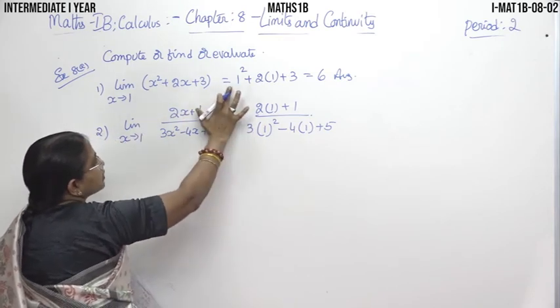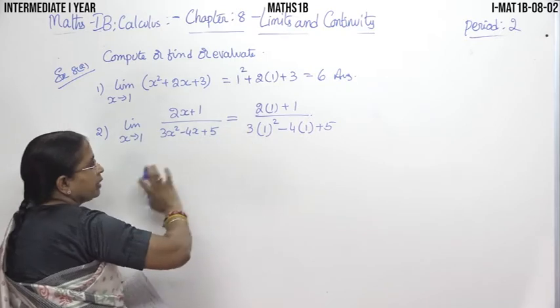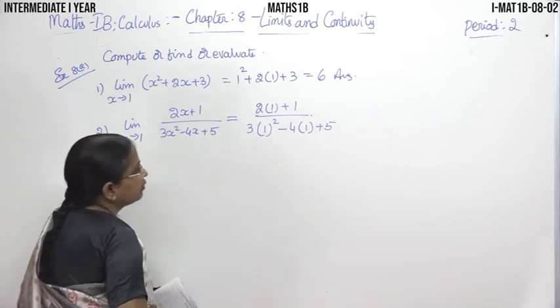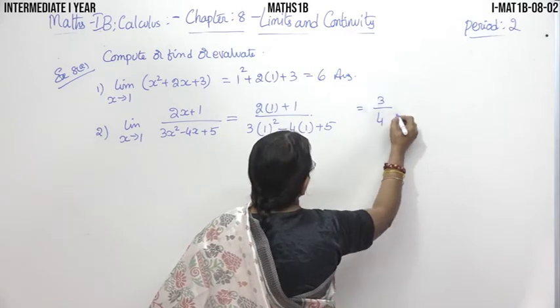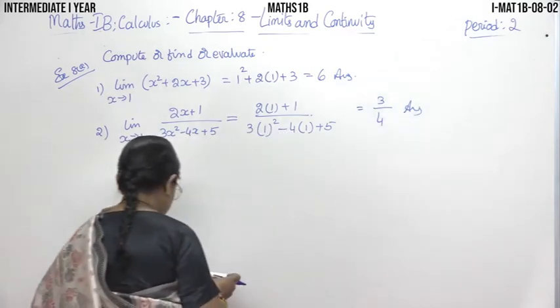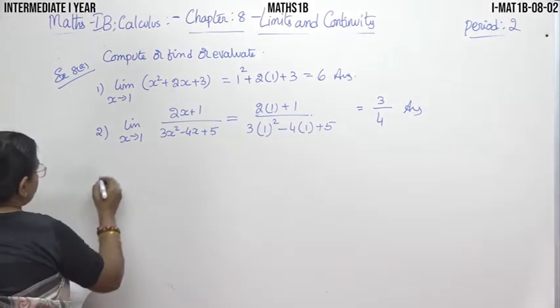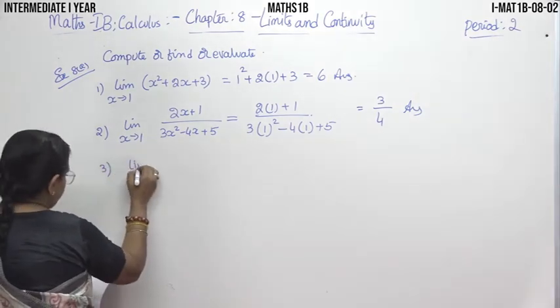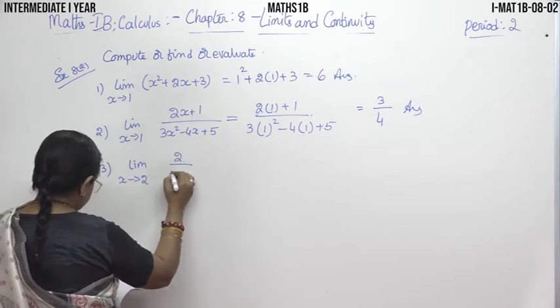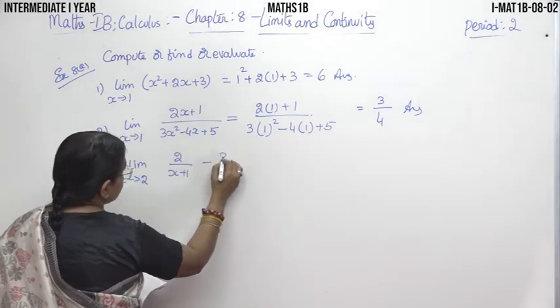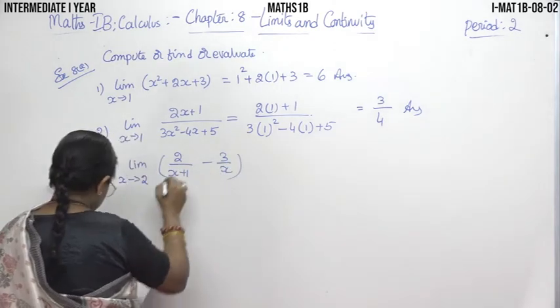You will just write the value. So it is equal to 3 by 4. That's all, that is the answer. Now suppose that you have a function like this: limit x tending to 2 of 2 by x plus 1 minus 3 by x. Suppose you have like this.